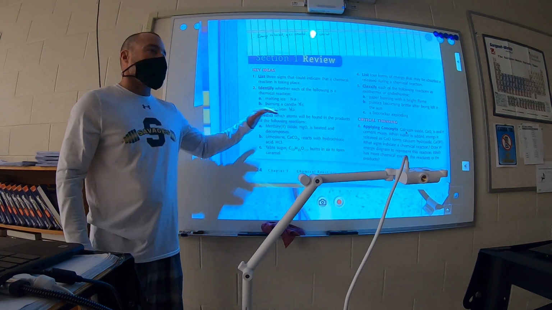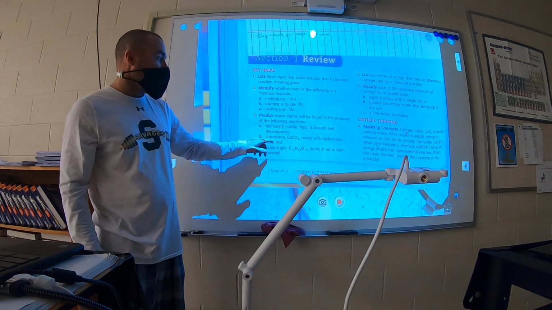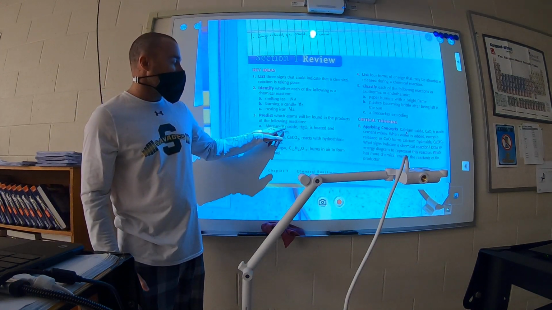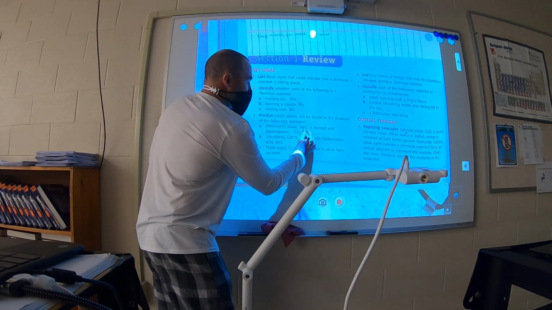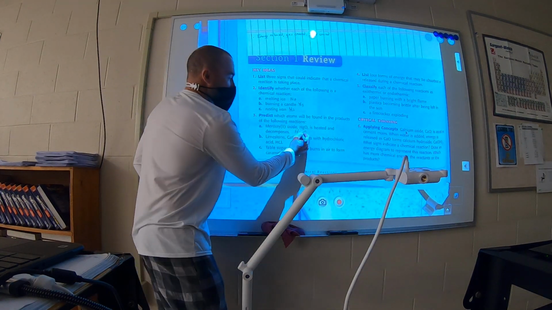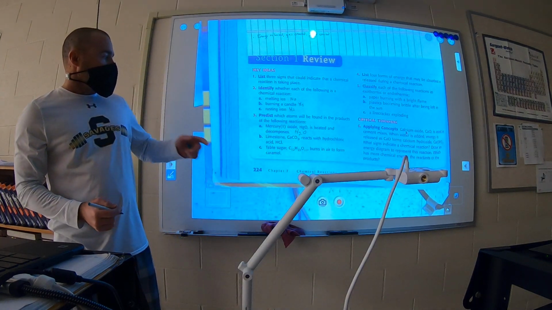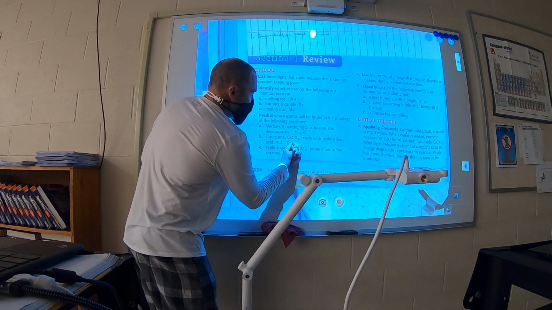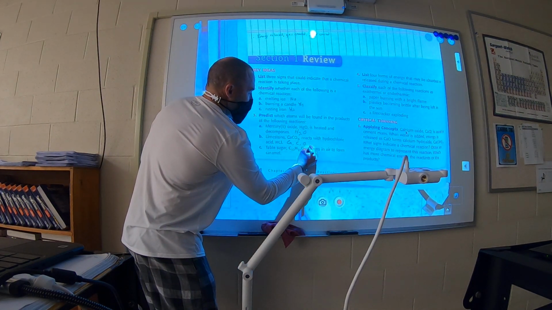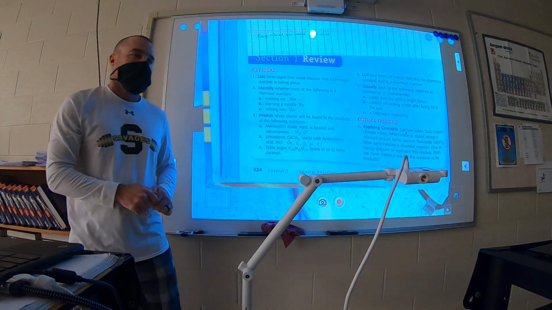Number 3, predict which atoms can be found in the products of the following reactions. The whole idea is whatever you start with, you have to end with. We're not going to talk about amounts yet, we'll talk about that later on. So if mercury 2 oxide decomposes, you should end up with mercury and oxygen as the product. Limestone reacts with hydrochloric acid, you should end up with Ca, calcium, carbon, oxygen, hydrogen, and chlorine, all part of the product.